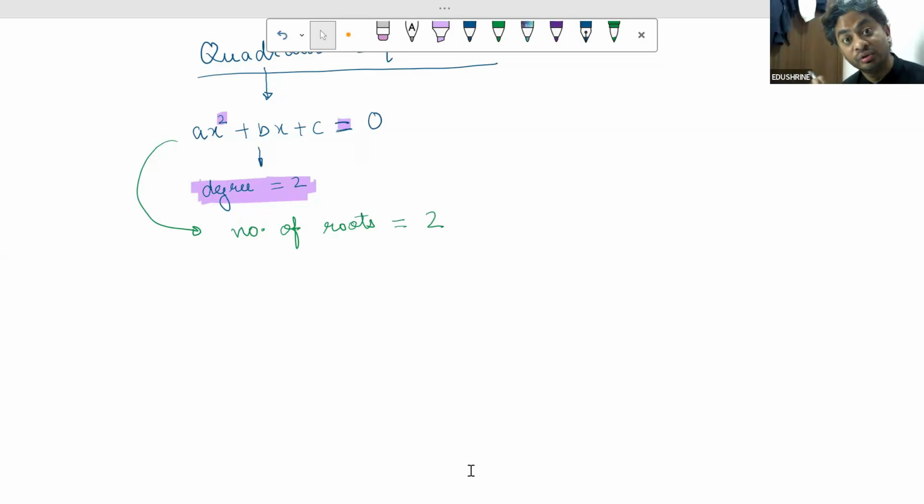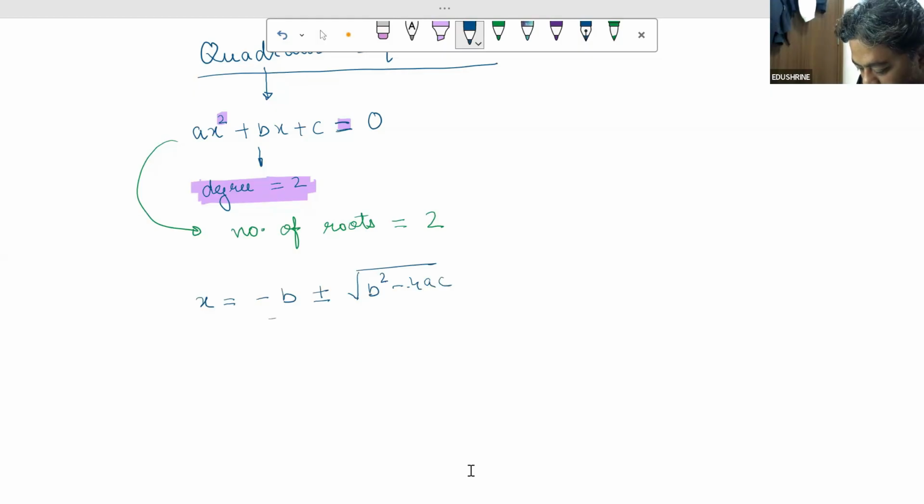You will not believe, there is still no formula to find the roots of a cubic equation. Mathematicians are still struggling with it. So which is the formula that helps me find the roots of a quadratic equation? x is equal to minus b plus minus under root of b square minus 4ac, by 2a.